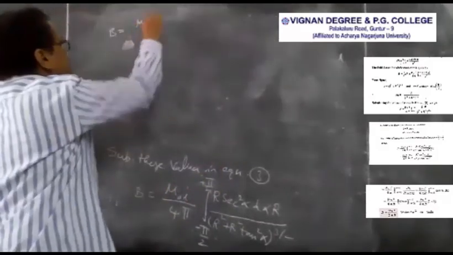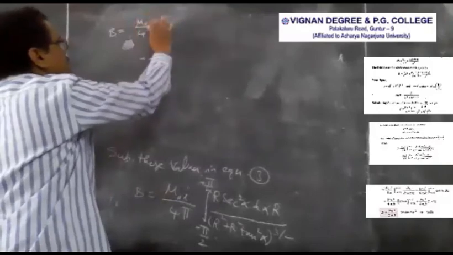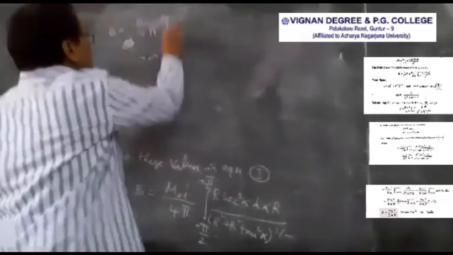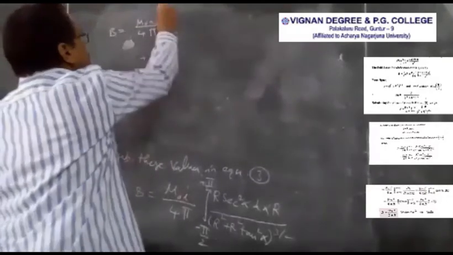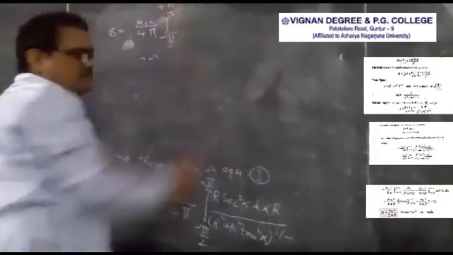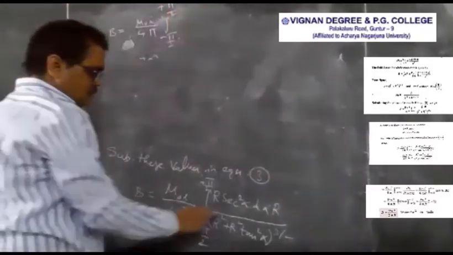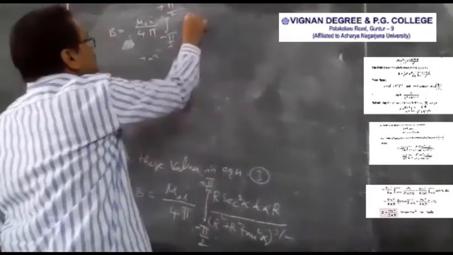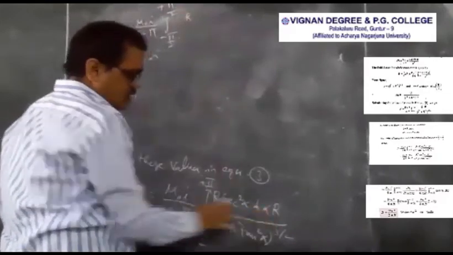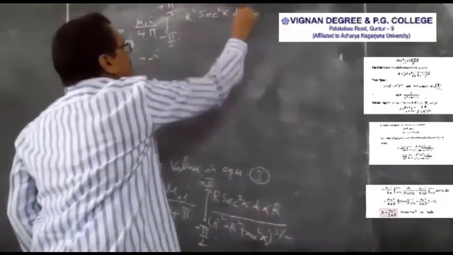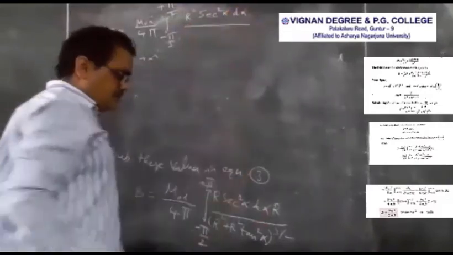mu naught I by 4 pi, integral from minus pi by 2 to plus pi by 2, R into R square secant square alpha d alpha.